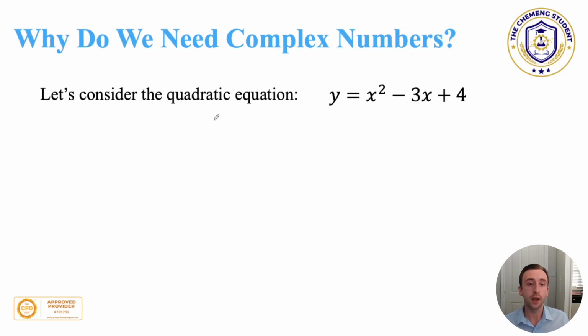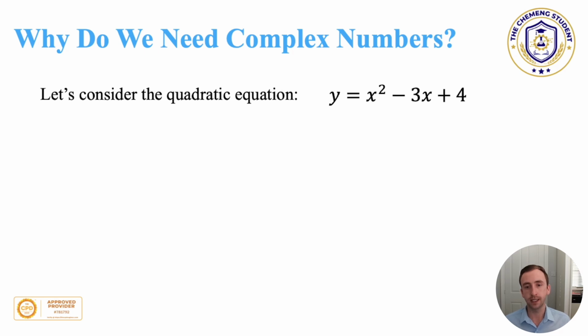Now let's see why we need complex numbers in the first place and how they actually developed. Without going too deep into the theoretical side of complex numbers, the best way I've found that resonates most with students is if we relate this to a simple quadratic equation.